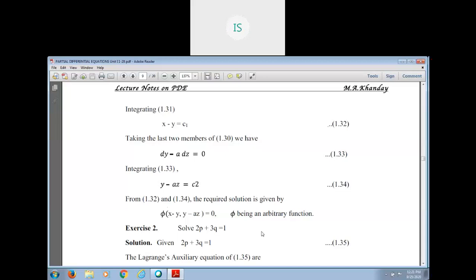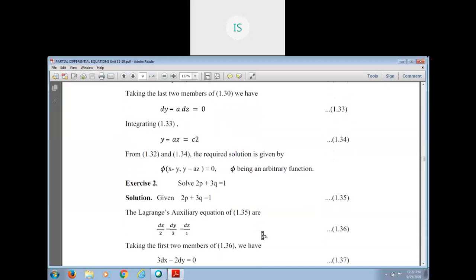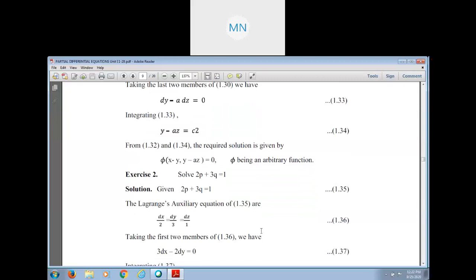And see this equation also. Now we consider the first type. First type means it looks like capital P p plus capital Q q equals capital R. See this equation: 2p plus 3q equals 1. This is the given equation.